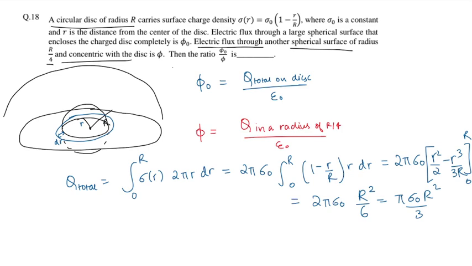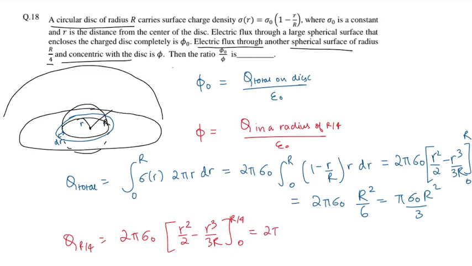If you want to figure out this red charge till R by 4, you just change the limits from 0 to R by 4. So this will be 2 pi sigma naught times r squared by 2 minus r cubed by 3R, from 0 to R by 4.